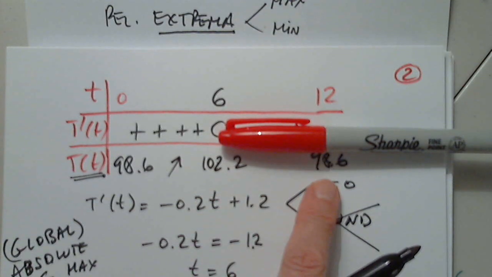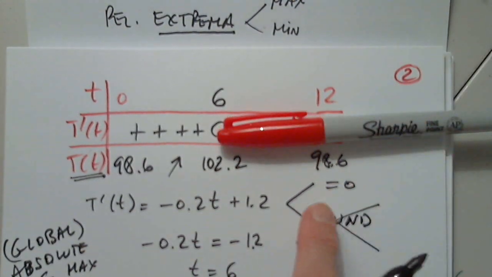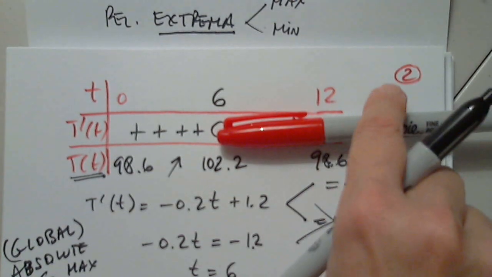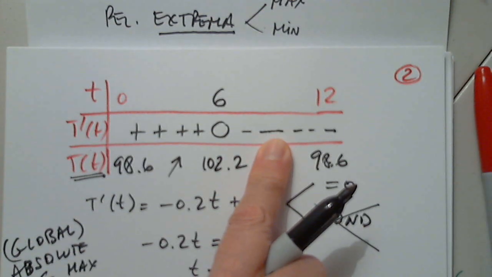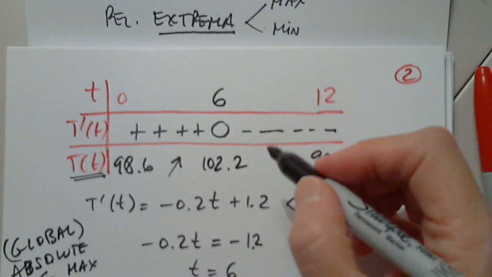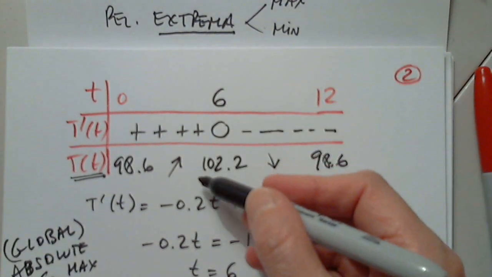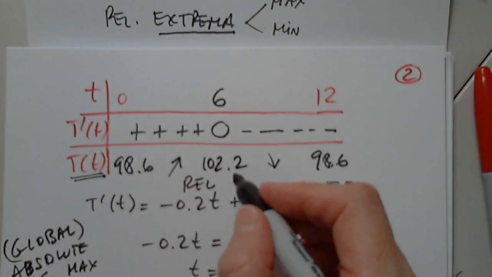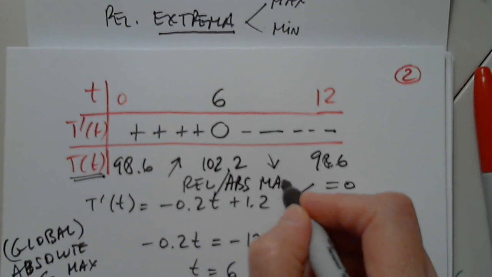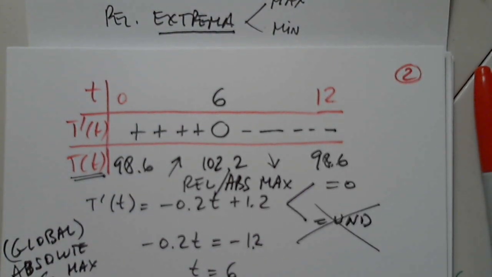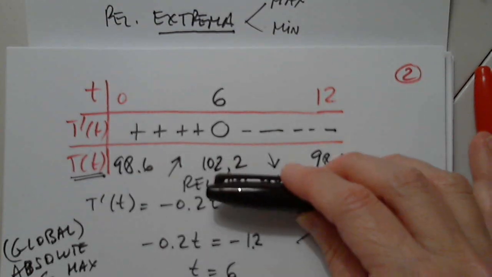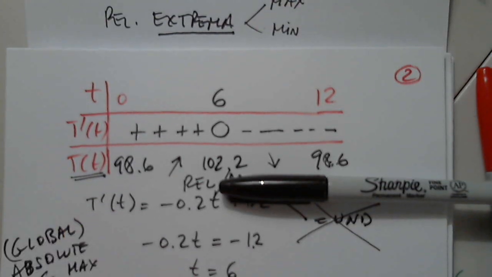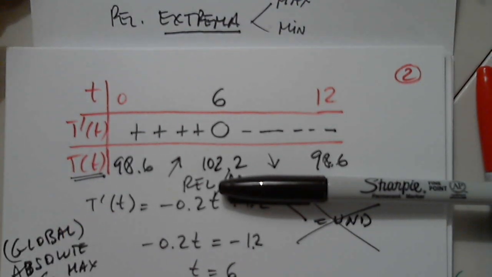From 102.2 to 98.6, what does the function do? Decreasing. Is that supported by the sign of the first derivative? Yes. So this point, 102.2, is the relative max, but in this situation it is also the absolute max. There is nothing higher than it. But you're not asked to discuss the absolute. We're going to have a special section for it very soon, hopefully today.